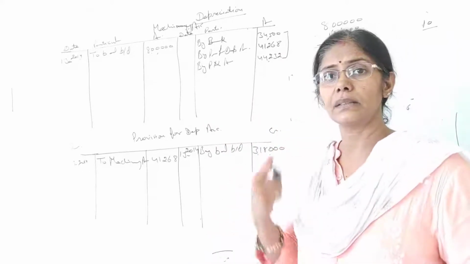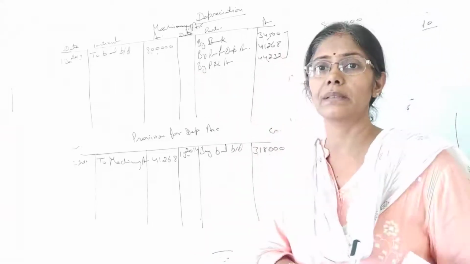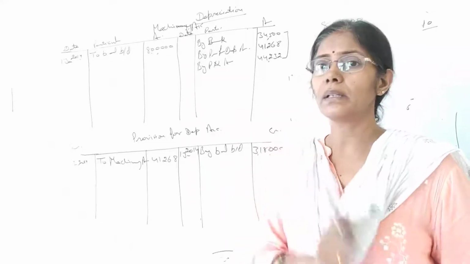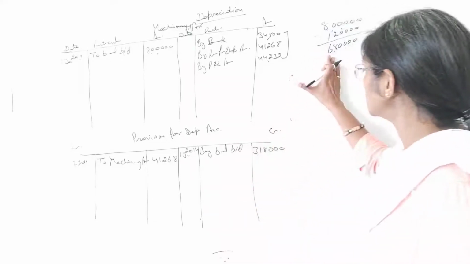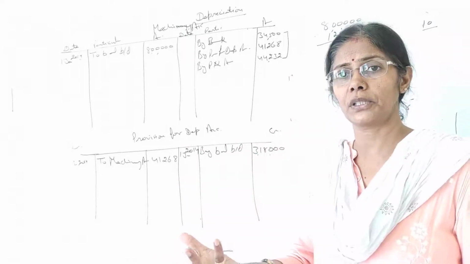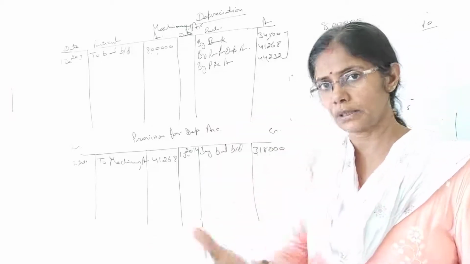Now the question arises, it's not the original cost method where you give depreciation at 10% on original cost. It's not that. This is the reducing balance method, the written down value method. So however much depreciation you have given so far, you will apply depreciation on the remaining value. So let me solve it.